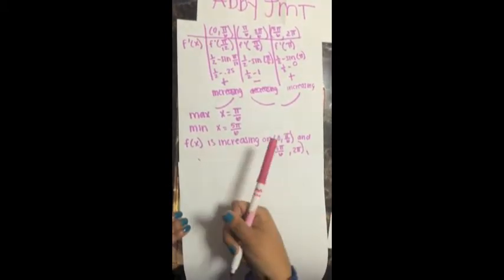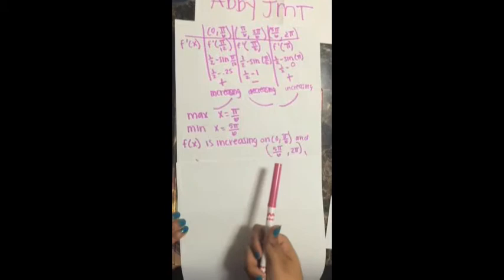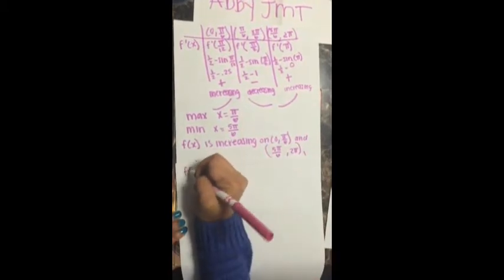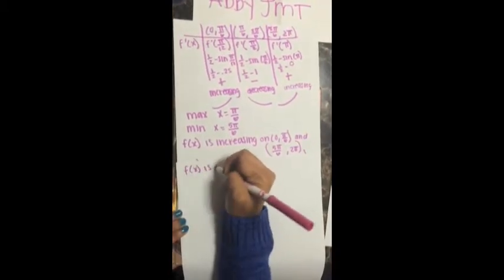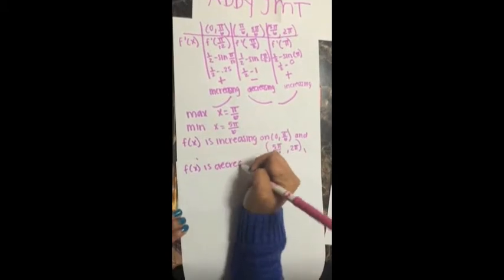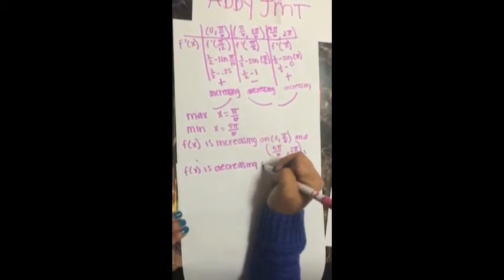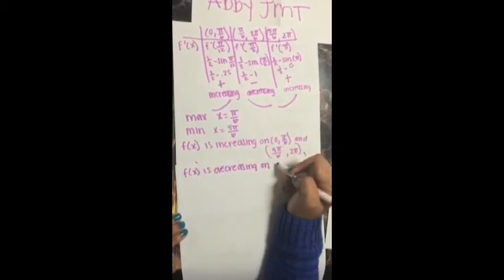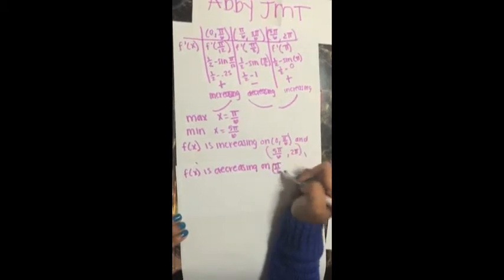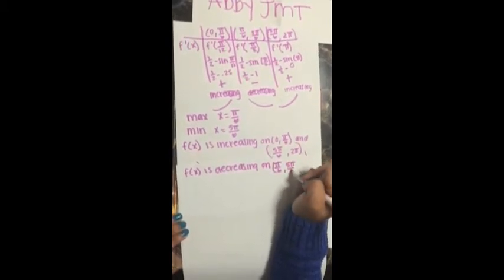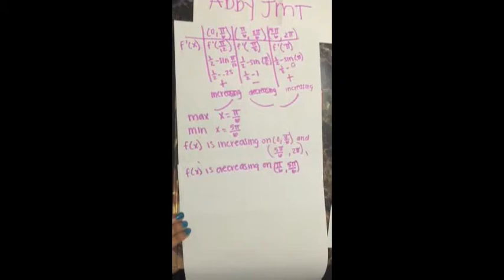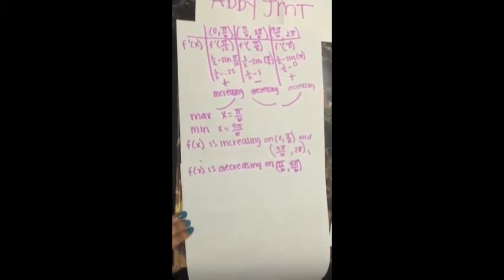And f of x is decreasing on the interval pi over 6 to 5 pi over 6. And that's the first derivative test.